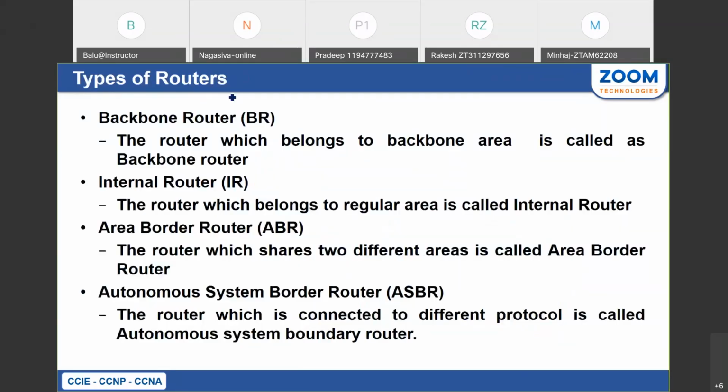So the types of routers: backbone router, BR, belongs to the backbone area. IR, internal router, belongs to a regular area. ABR connects different areas. And ASBR, autonomous system border router, is connected to different protocols.